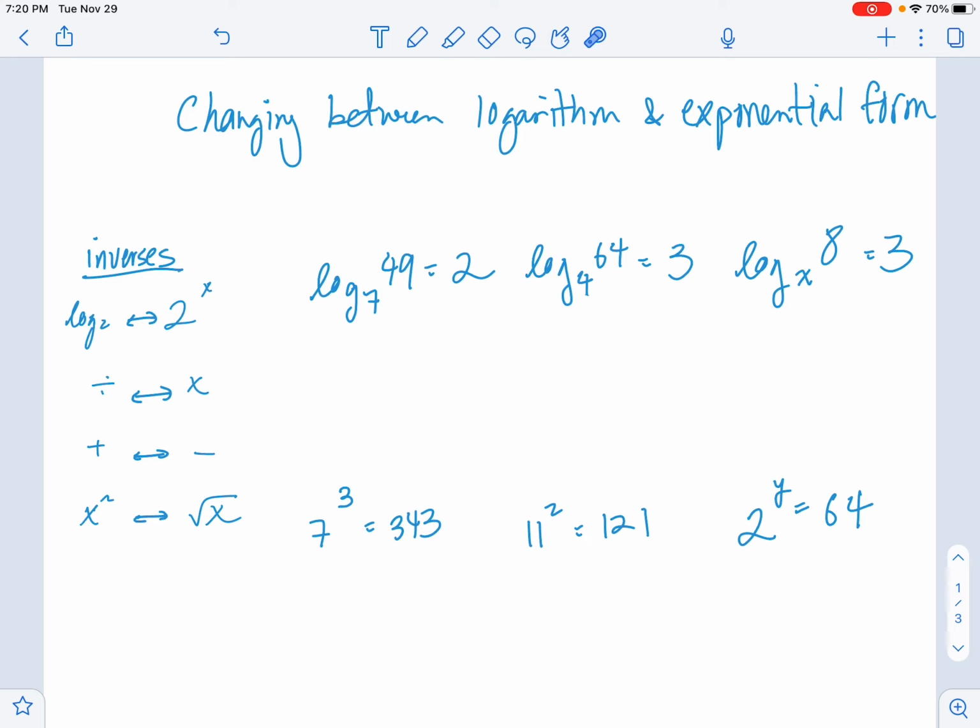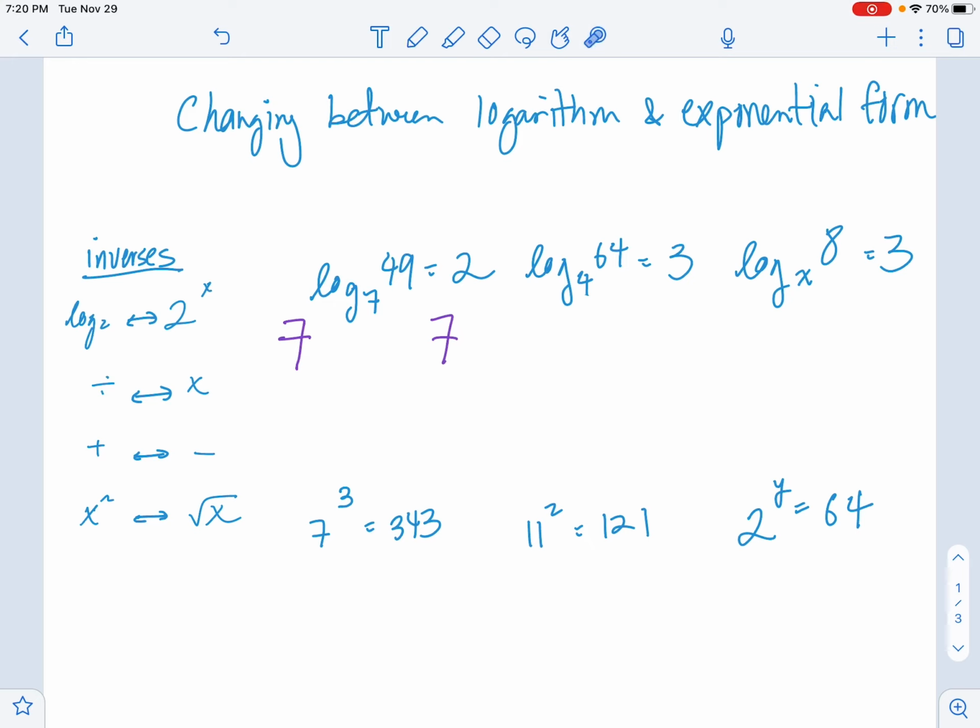So I see here I have first log base 7 of 49 equals 2, and I want to convert this to an exponential. What I'm going to do is apply the same base of 7 to both sides. So I'm going to do 7 to the power of this entire thing equals 7 to the power of 2.